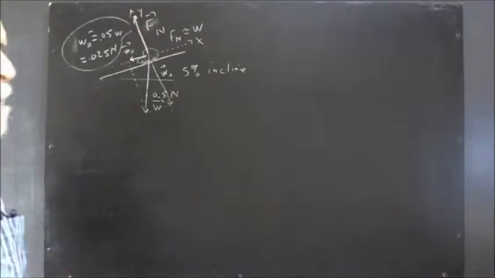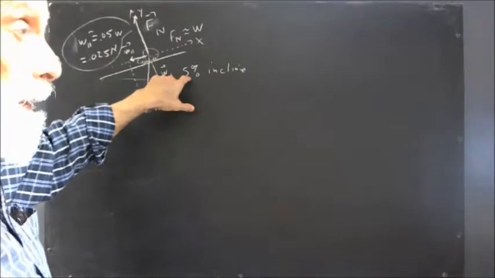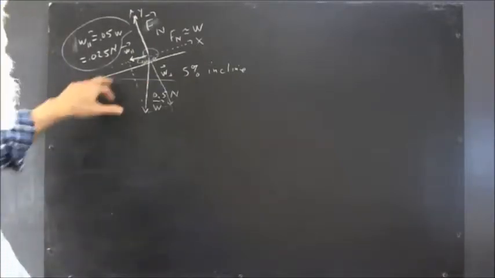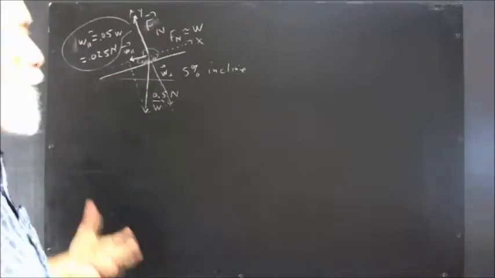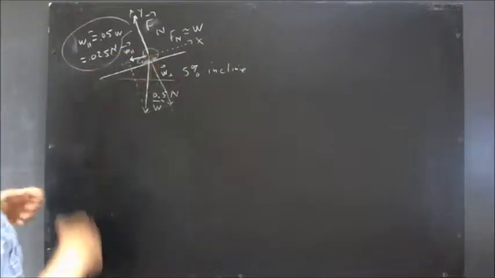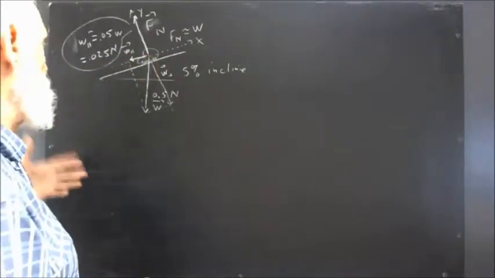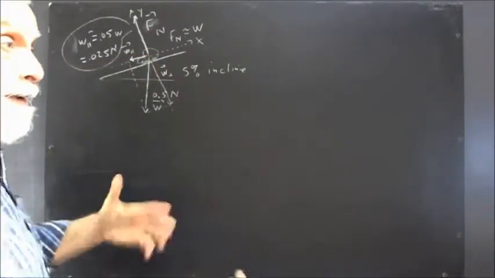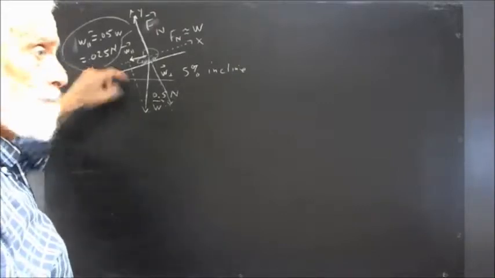Now, some people approach this by taking this 5% incline and calculating the angle so that you could use the formula, which is something like the parallel component is equal to W times the sine of theta, where theta is this angle.